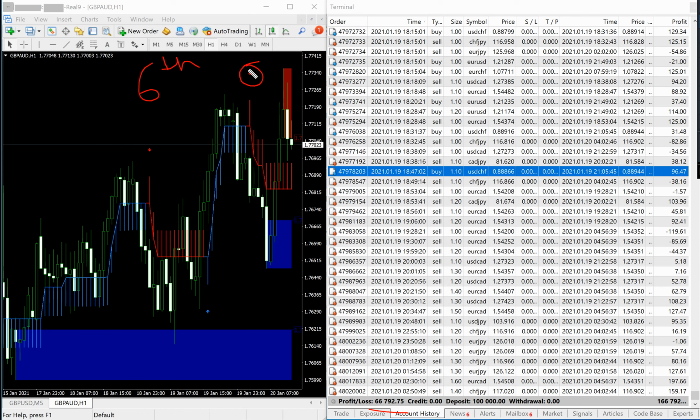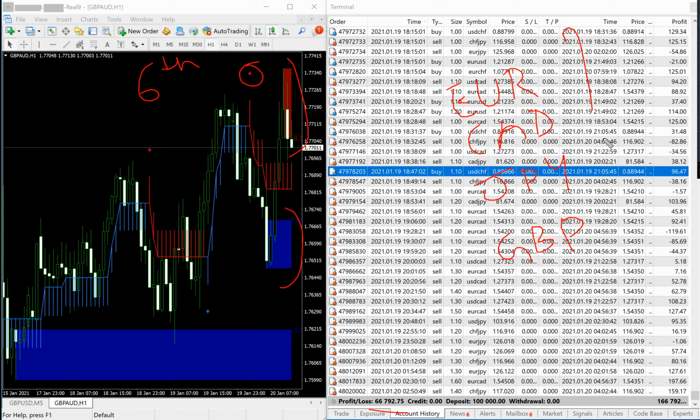Here the account is traded purely with our trend indicator. This is our multiple-in-one trend indicator and our support and demand indicator. Here we are trading the Euro related pairs, CAD related pairs, JPY related pairs and GBP related pairs.